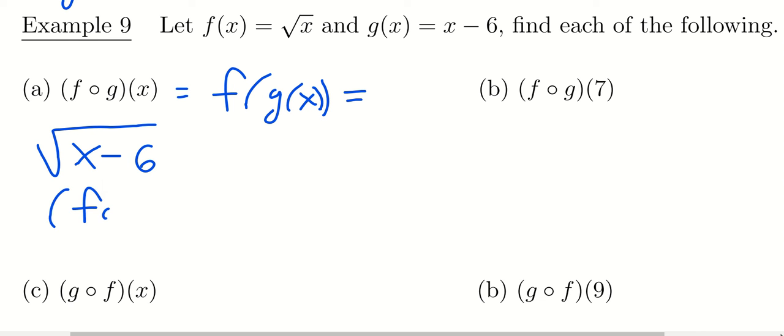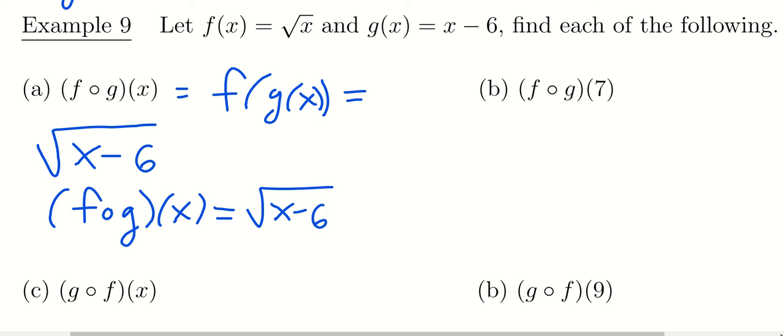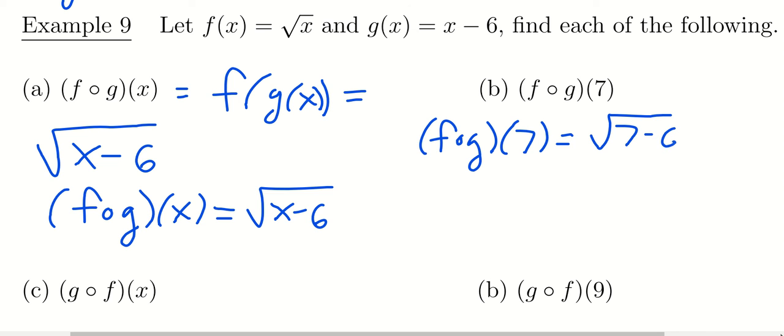So f composed with g of x is going to be the square root of x minus 6. We can then use that expression to find f composed with g of 7. That's going to be the square root of 7 minus 6, which is the square root of 1, which is equal to 1.